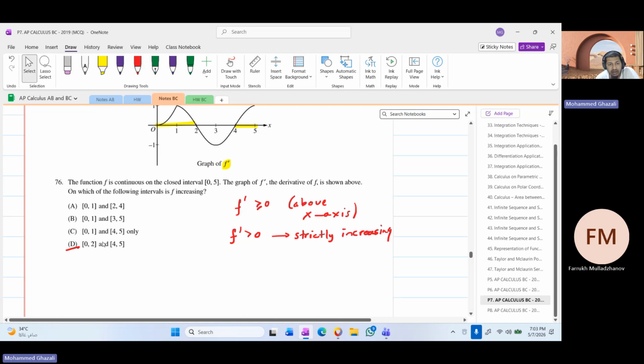So you'll have round brackets. At the moment they said increasing, they are using the word loosely, so that's why they included 0, 2, 4, and 5.